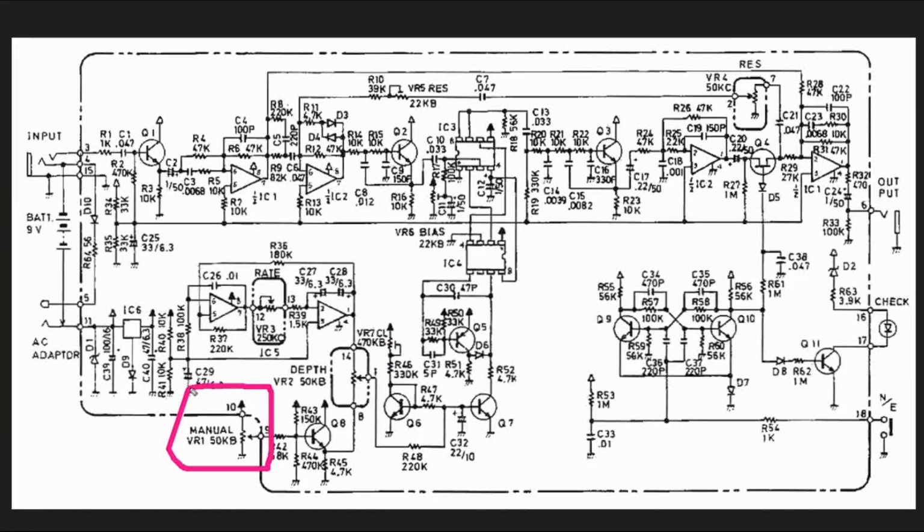Okay, so what this manual knob does is it helps set what kind of our median or average delay time is in our BBD clock combo. Okay, so as you turn manual up, manual is going to change the reference that this lug of our depth pot has.